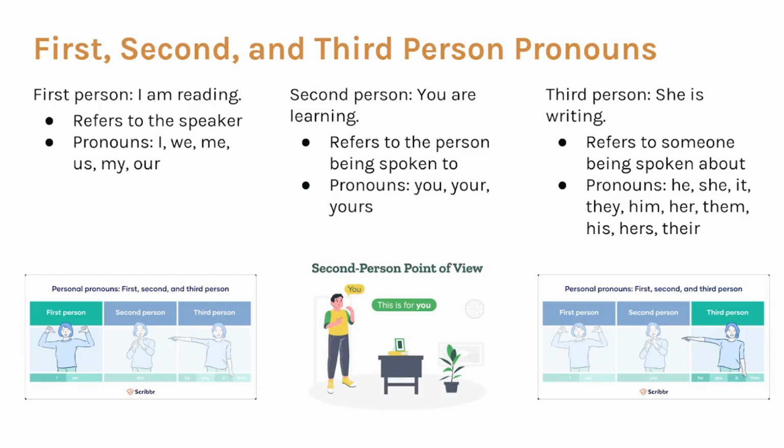Now, when we talk about personal pronouns, we have the first person, second person, and the third person. First person is the person talking, or the speaker. The second person is the person spoken to, and the third person is the person spoken about. Let me give an example.